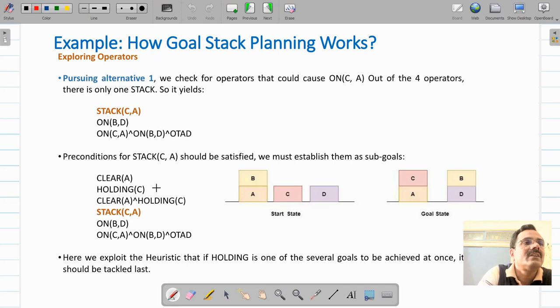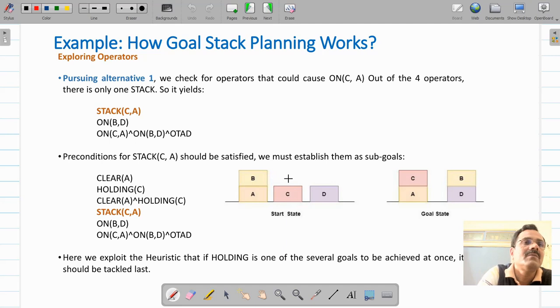Initially it looks like holding C is easy because C is clear, so holding C can be achieved easily. But remember, the robot arm is always used to perform every operation in this block world problem. If you have to perform any operation, your robot arm will be used.